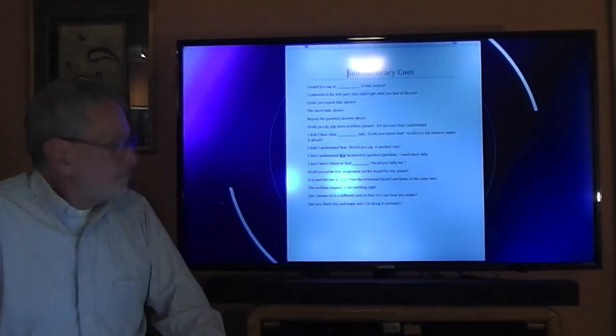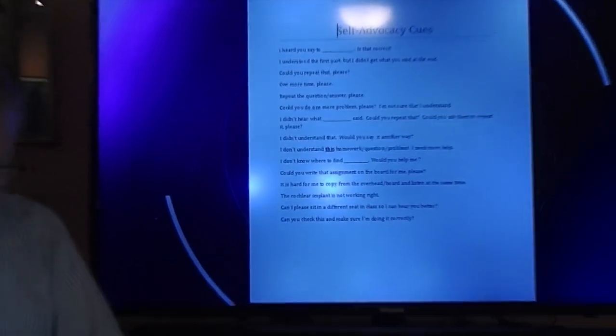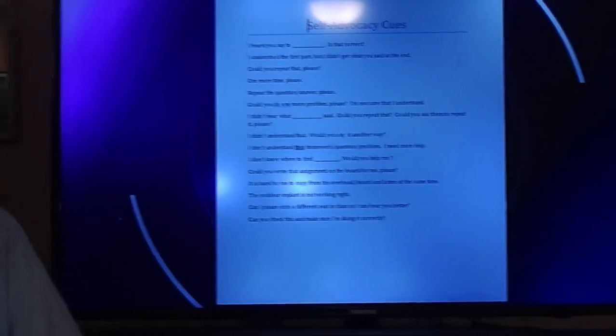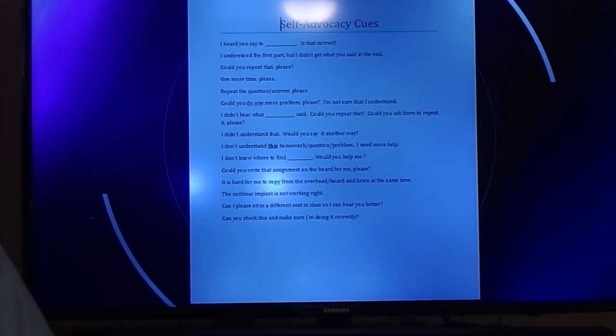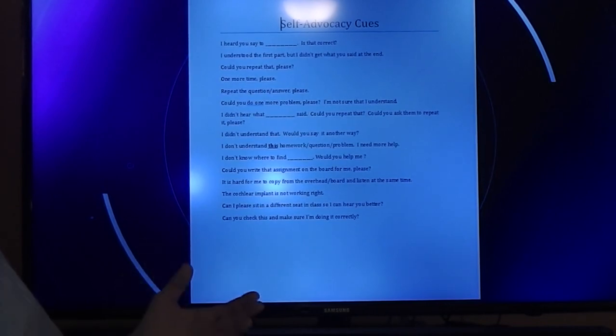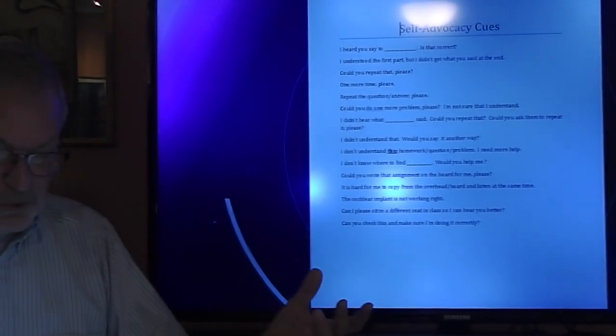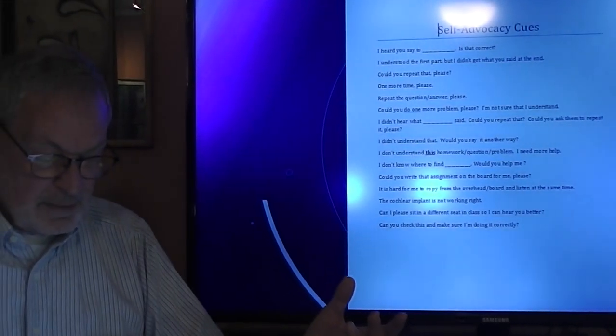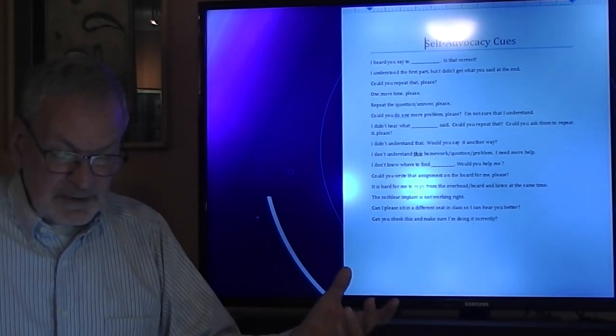Let's zoom in. The first set of questions is more appropriate for students who are younger, such as in elementary school, and the second that you'll see is more appropriate for learners who are in middle school or high school or even college.